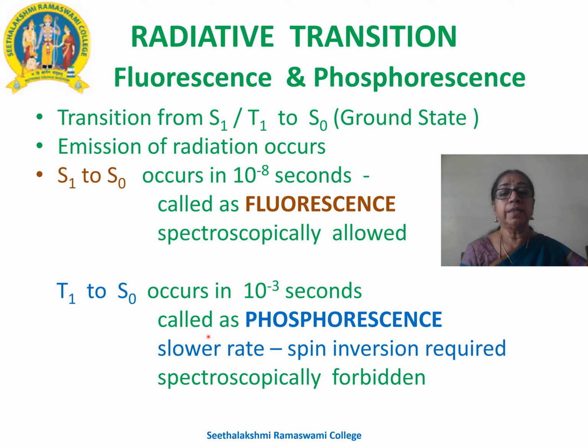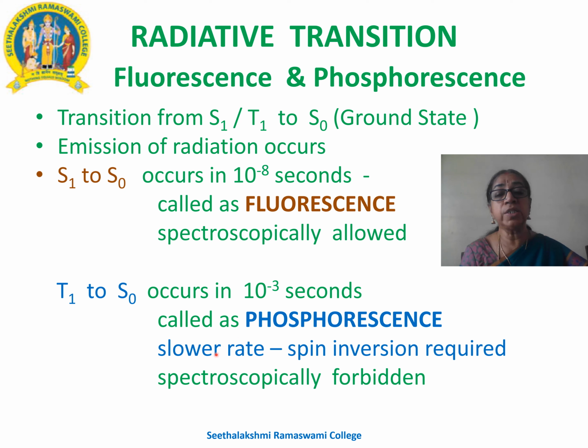The important point about phosphorescence is that it is also accompanied by emission of radiation, but it needs more time than fluorescence. It occurs in 10 power minus 3 seconds, a very long time compared to 10 power minus 8 seconds.